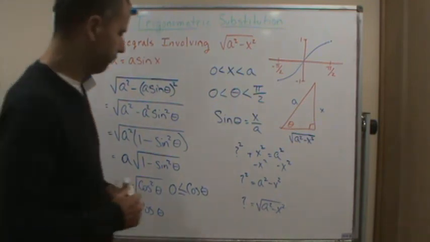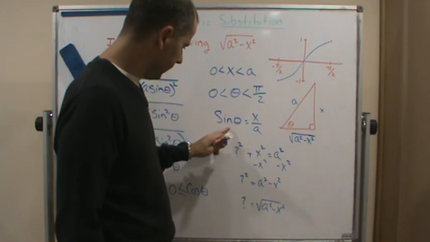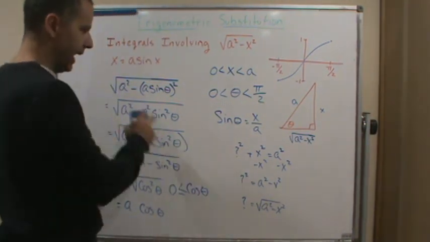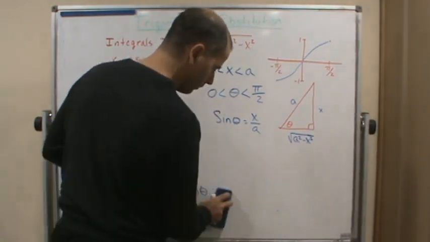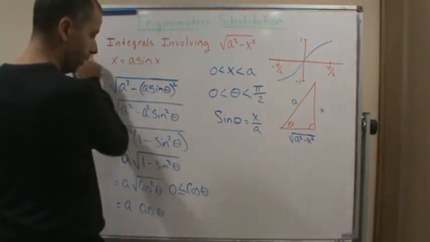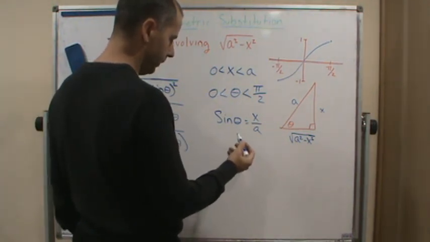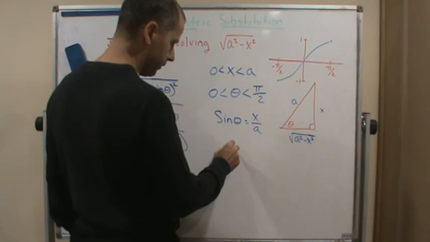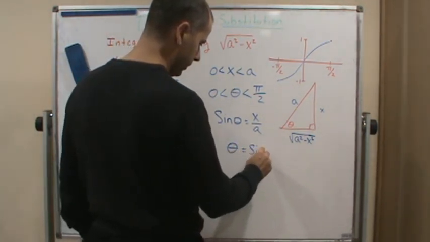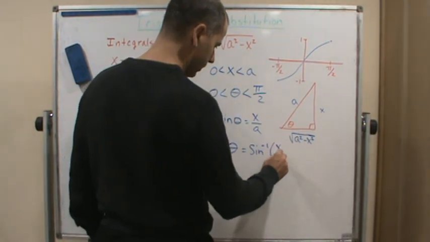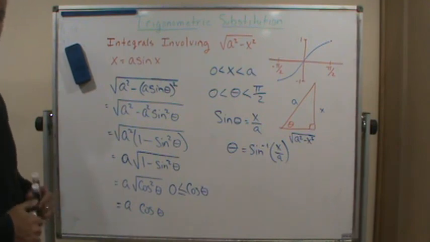For example, if theta happened to come up by itself, then we would use the fact that theta equals sine inverse of x over a.